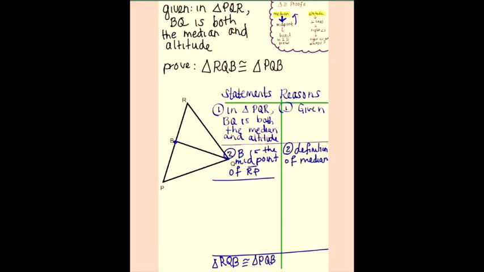And then after we talk about midpoints, we talk about pieces being congruent. So I'm going to mark this on my diagram. If B is the midpoint, that means that RB is congruent to PB.